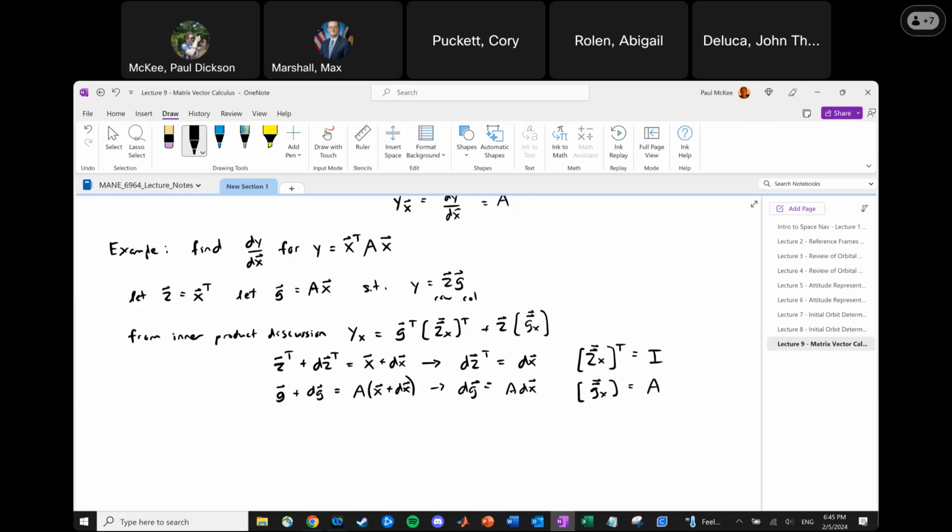So we can think of it this way. The derivative of Z, which is just X transpose, with respect to X is just the identity matrix. The derivative of X with respect to itself is the identity matrix. The derivative of AX with respect to X is just A. Okay, so that hopefully should make some sense.